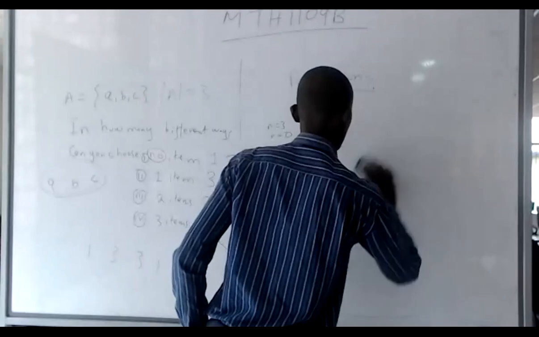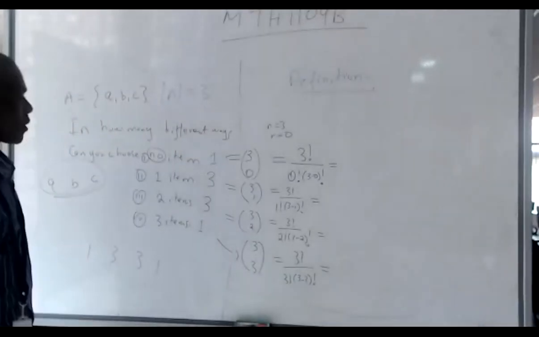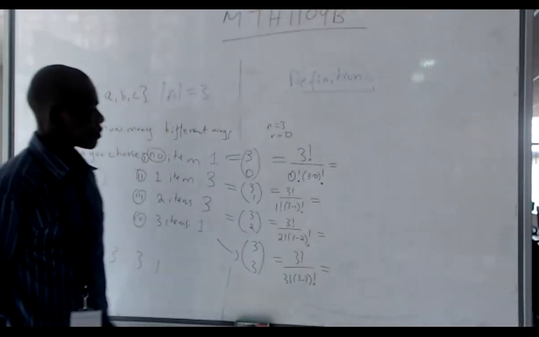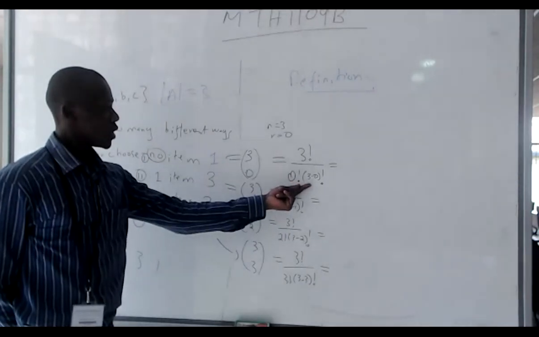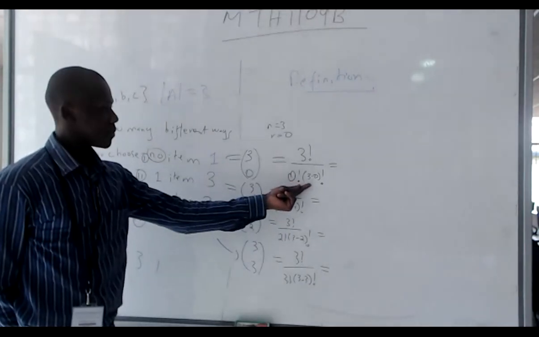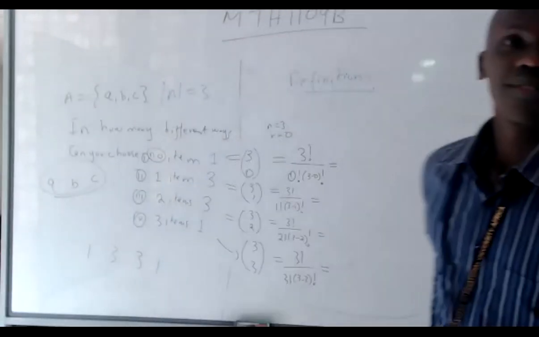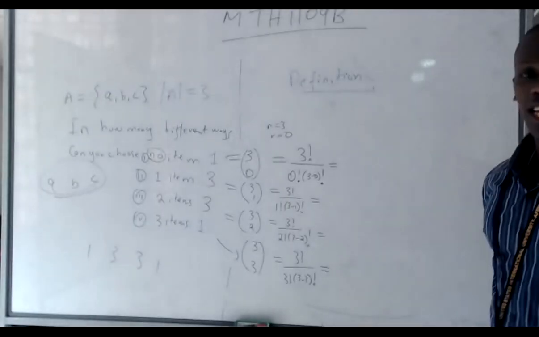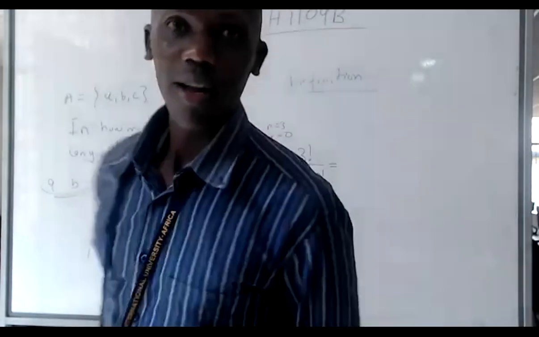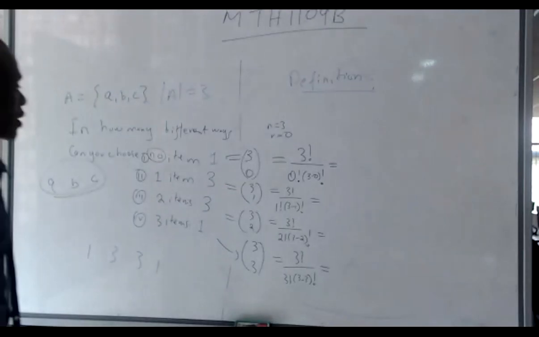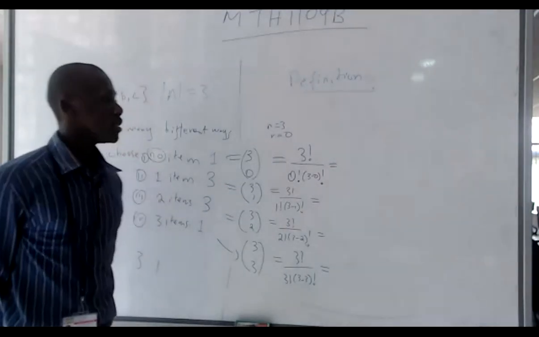So what are you getting? For the first one, what do you get? What is 0 factorial? 1. I expected someone to ask that. So 0 factorial is 1, and it's very easy to prove.